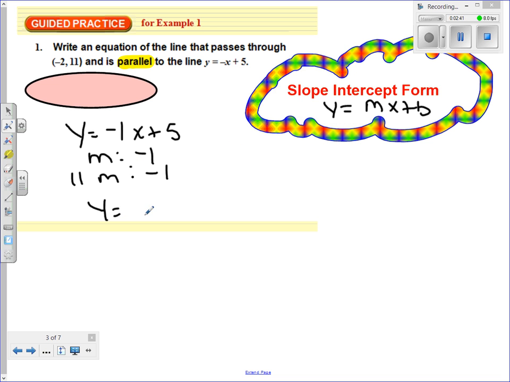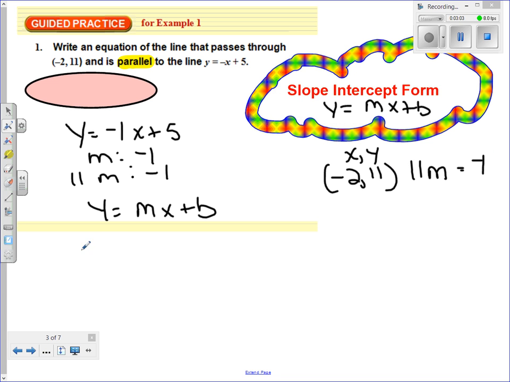So now I'm back to what we were doing previously. I have this equation, y equals mx plus b, slope-intercept form. I also have a point. My point here is negative 2, 11. We should remember x comma y. And I now know that the parallel slope is going to be negative 1.